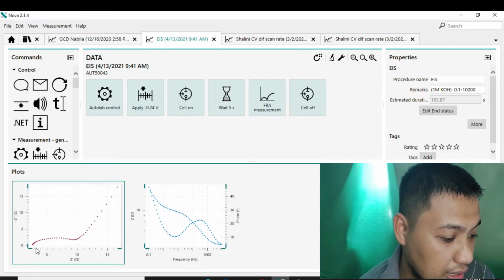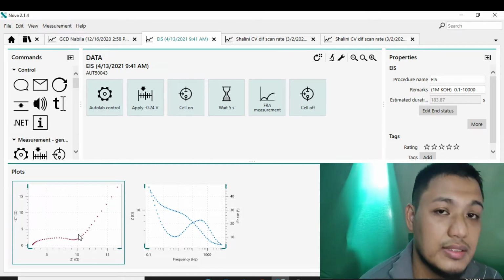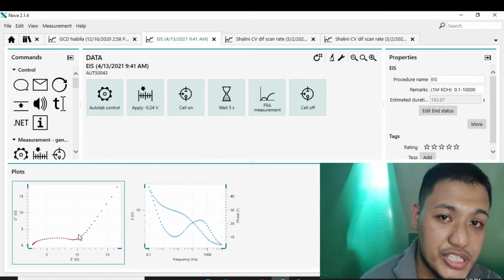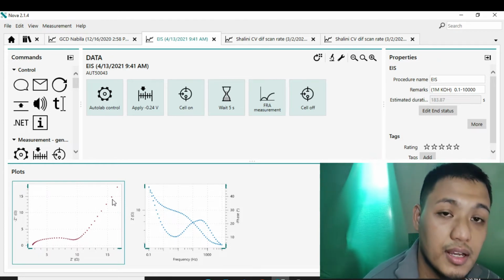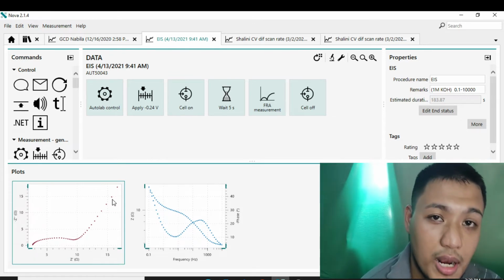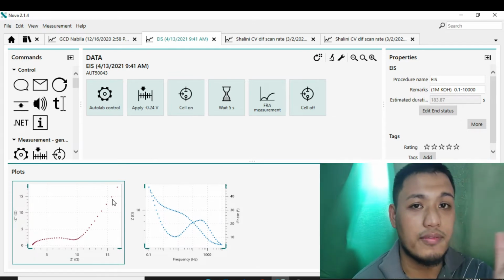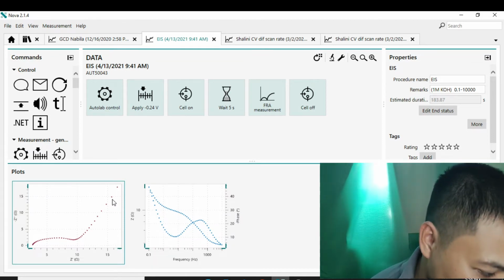As you can see from the graph here, at the beginning is the ESR. The diameter of the semicircle is the charge transfer resistance, RCT. The straight line is the Warburg line, which indicates electron diffusion. The shorter the Warburg line is, the better. The more straight the Warburg line is, the better for faster electron diffusion.